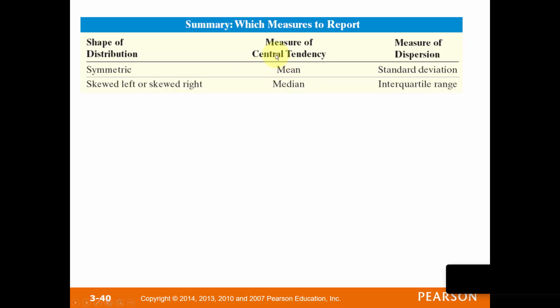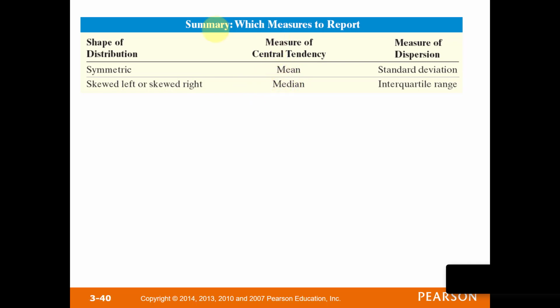So to reemphasize, whenever our distribution is roughly symmetric, we use the mean for our measure of central tendency. And whenever we use the mean as our measure of central tendency, we always, without exception, use standard deviation to measure dispersion. But if the data is skewed left or right, because the mean is not resistant, we use the median for the measure of central tendency.